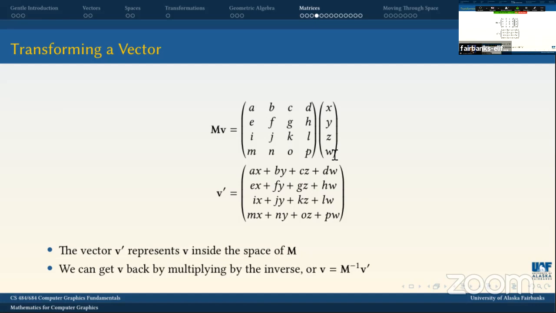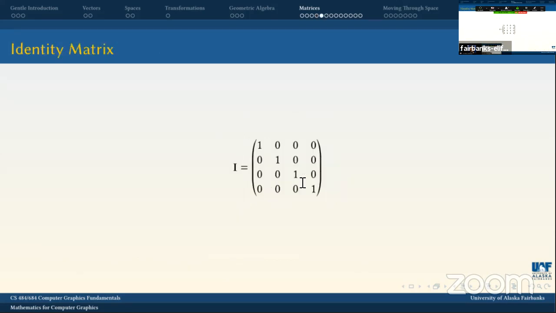This is important to know how to do because we want to see how the points in your model end up being something you can display on the screen. We need to be able to understand that, and we're going to talk a little bit about that today.